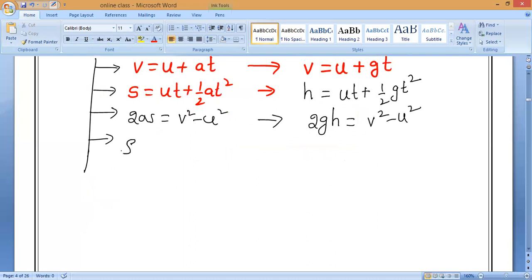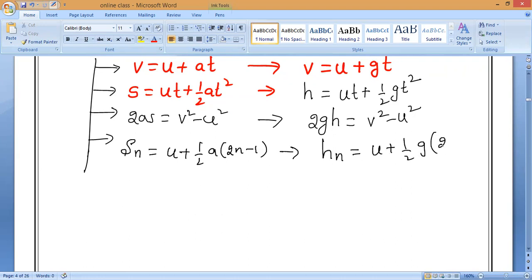Now, the last equation: Sn, the distance traveled in the nth second, equals initial velocity plus half a into (2n minus 1). Here it becomes: height traveled in the nth second equals initial velocity plus half into g into (2n minus 1).